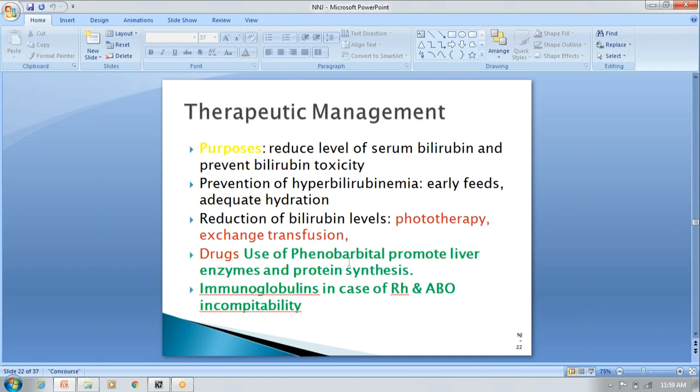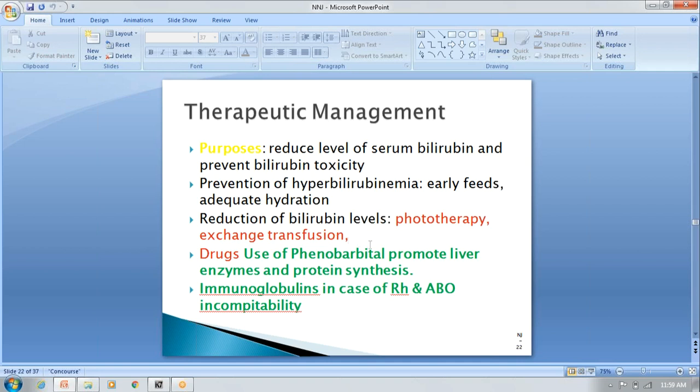Then coming to the modalities of treatment of hyperbilirubinemia or neonatal jaundice: we have to reduce the bilirubin level in the serum, and you should prevent bilirubin toxicity like acute bilirubin encephalopathy or chronic bilirubin encephalopathy, which you call kernicterus. Starting early feeding is most important, adequate hydration is important, and start phototherapy.